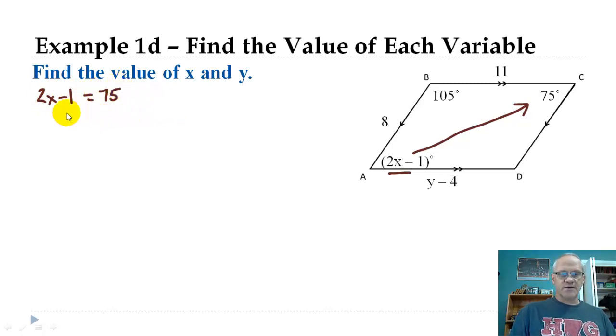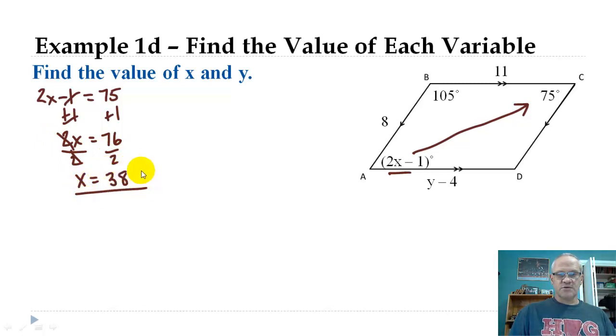I'm just going to solve that now. So plus 1, so 2x equals 76. And then divide by 2, and so x equals 38. So we know that x has to be 38.